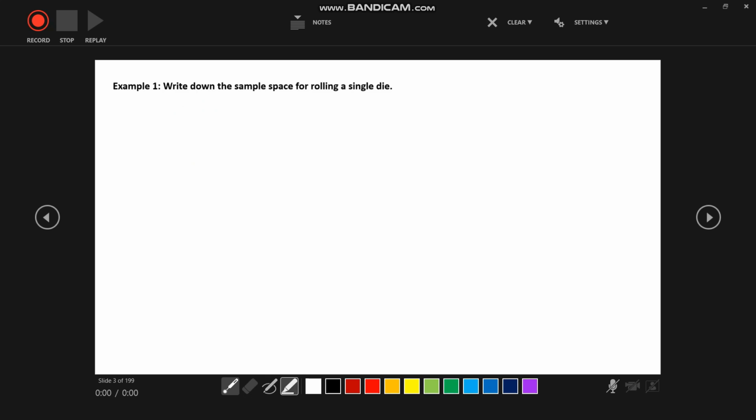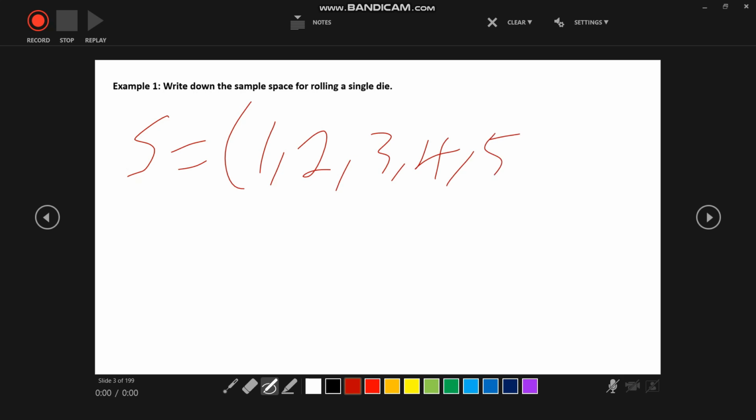So for a single roll of a die, the sample space will be S is equal to 1, 2, 3, 4, 5, 6.